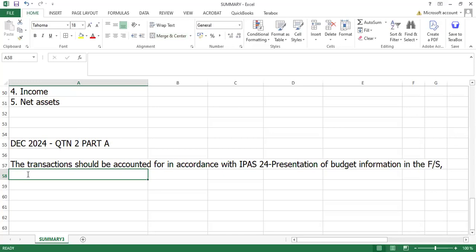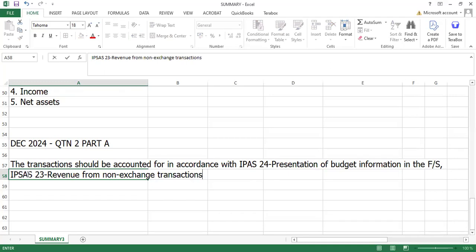Then we have IPSAS 23, which is about accounting for the revenue from non-exchange transactions, those are taxes and transfers. So here we are accounting for the grant. This is where the grant will be a conditional grant.